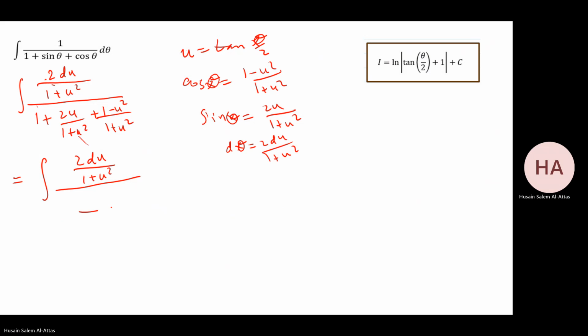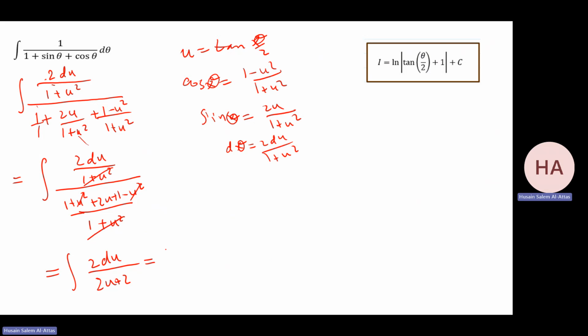Now I just take the common denominator, 1 plus u squared. 1 plus u squared plus 2u plus 1 minus u squared, over 1. So this is cancelled, and also this one is cancelled. I have the integral of 2 du over 2u plus 2, which is the integral of du over 1 plus u.